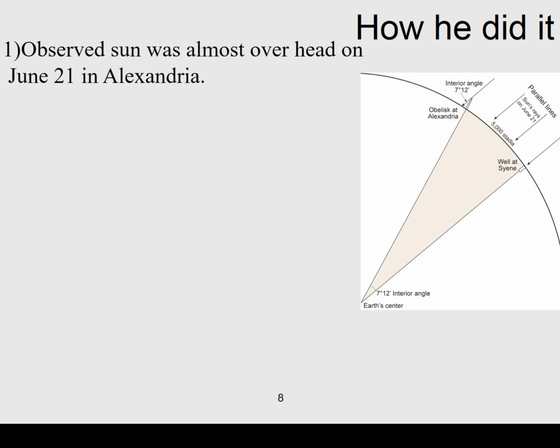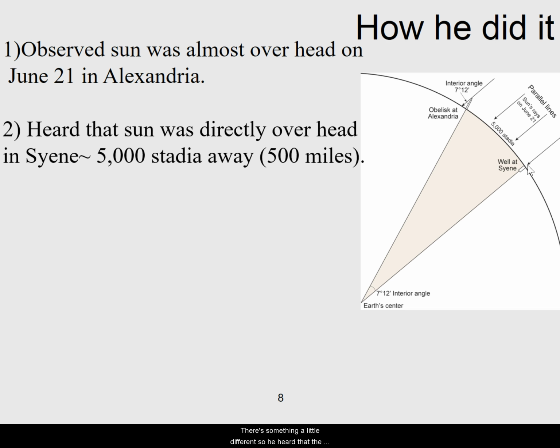Although the same thing was not an observation in Syene, which was just north of Alexandria. So there was something a little different. He heard that the sun was directly overhead in Syene, which is approximately 5,000 stadia away. Now that represents about 500 miles.